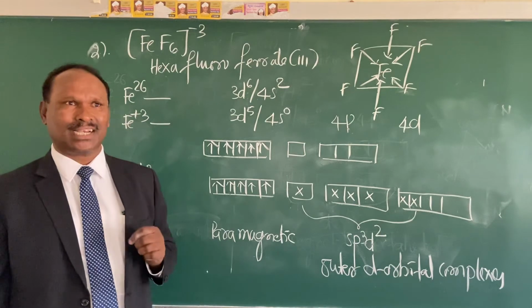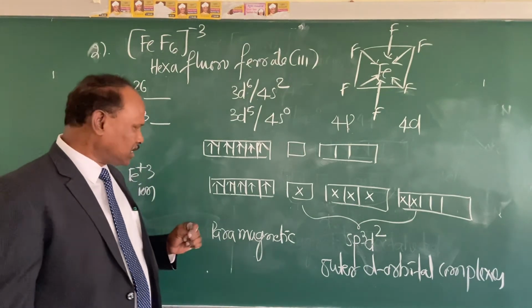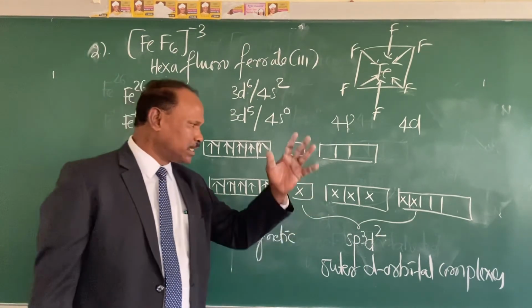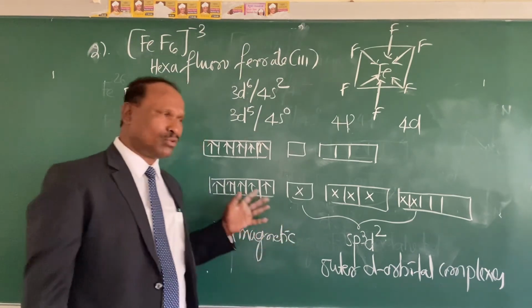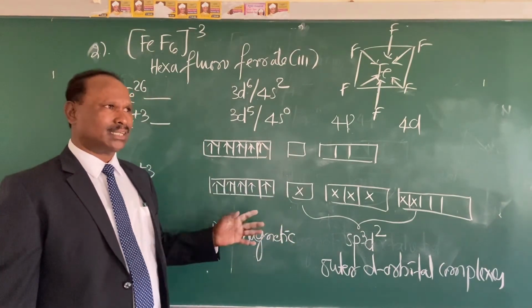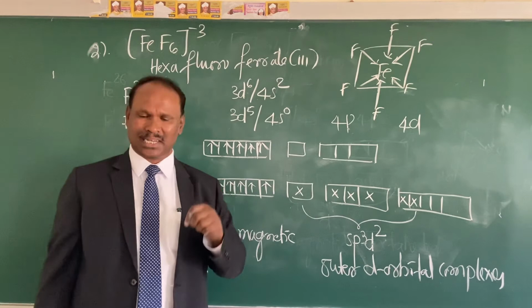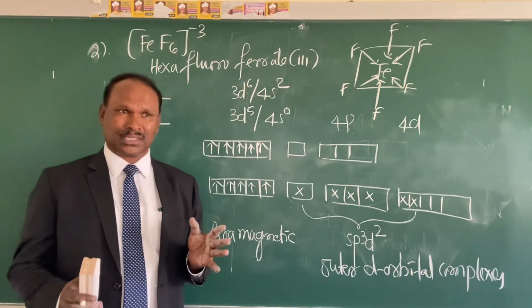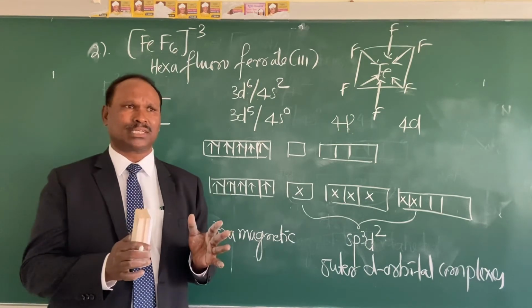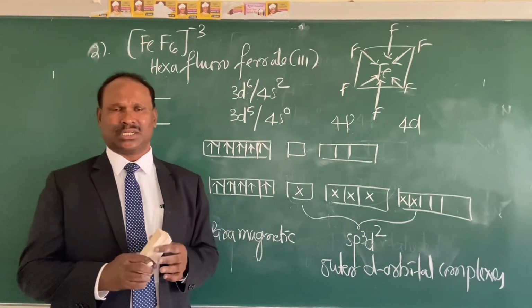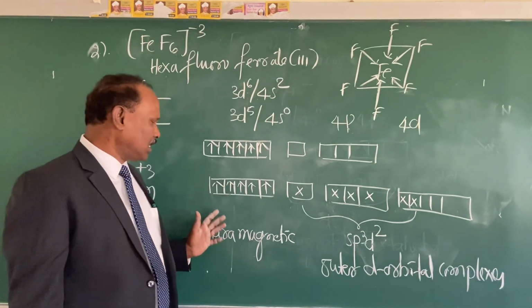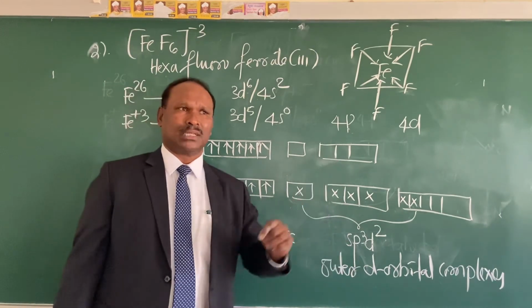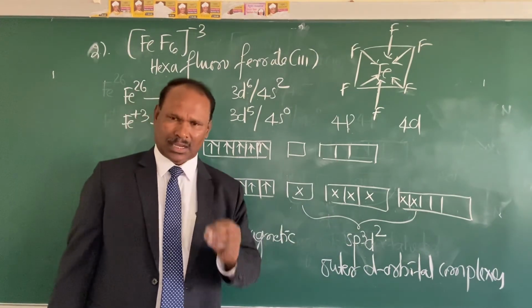Whereas in the outer orbital complexes, there are more unpaired electrons. Therefore, they are ionic in nature. So another differentiation: inner orbital complexes are covalent in nature, whereas the outer orbital complexes are ionic in nature.